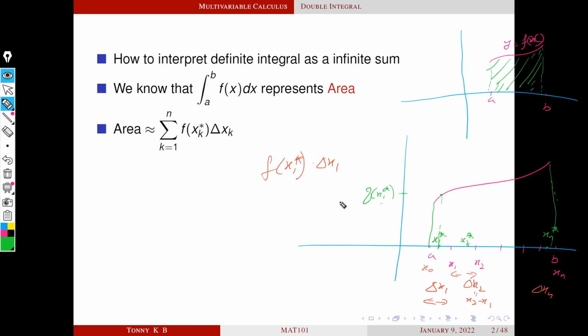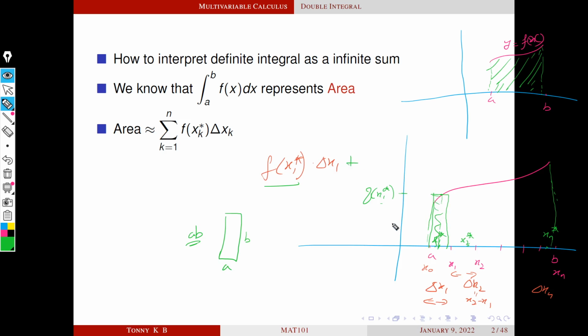What about the product? We know that the area of a rectangular region with width a and height b is ab. Similarly here, f of x1 star is the height of a rectangular region and delta x1 is the width of this rectangular region. So this product is the area of a rectangular region like this.